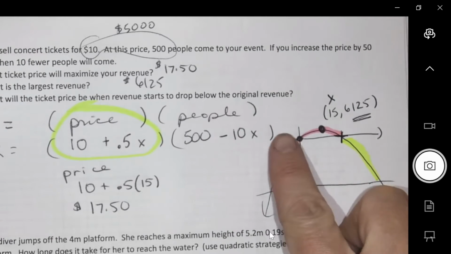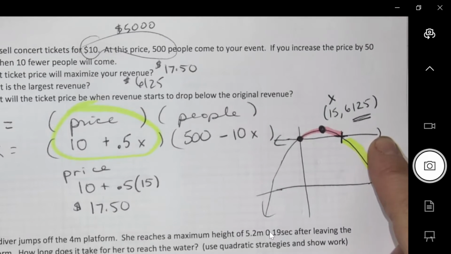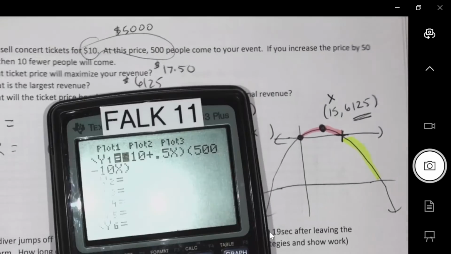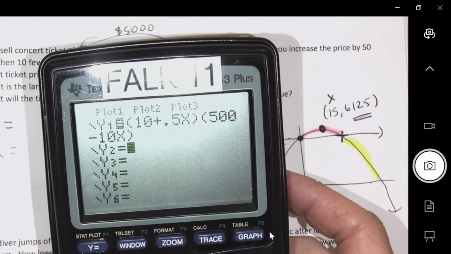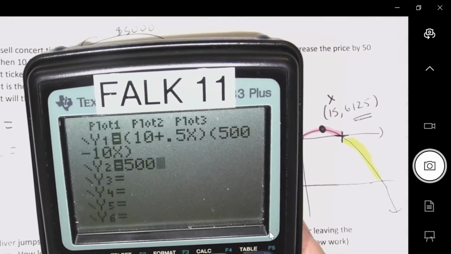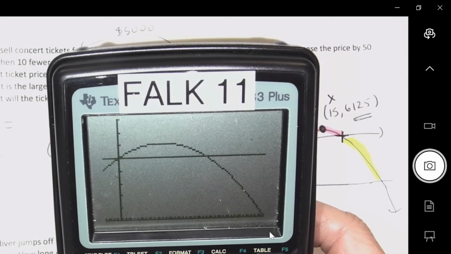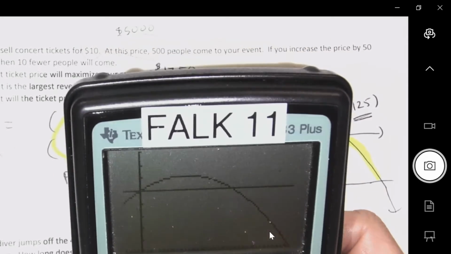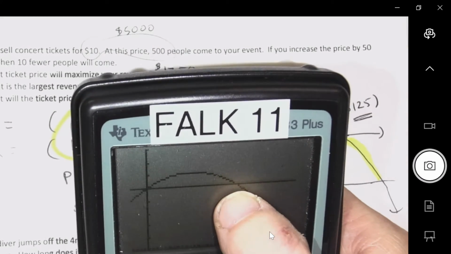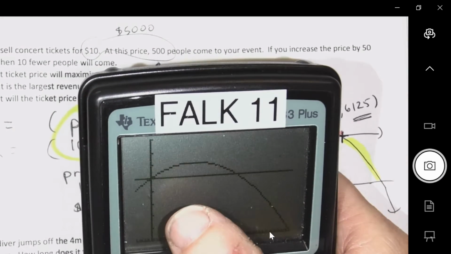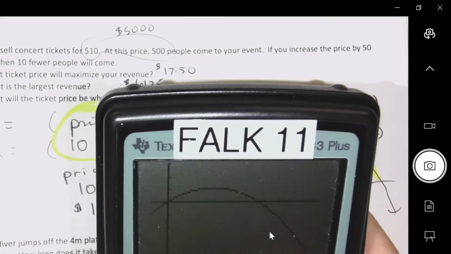Okay, so how do I get this in my calculator? I go to my Y2 and I type 5,000, which is my original. Okay, and I want that intersection, because this one is at the start.